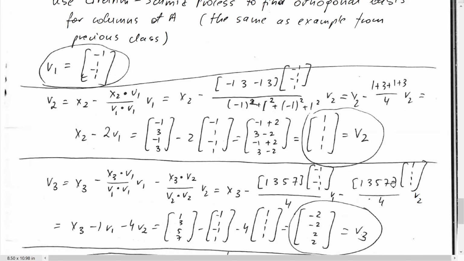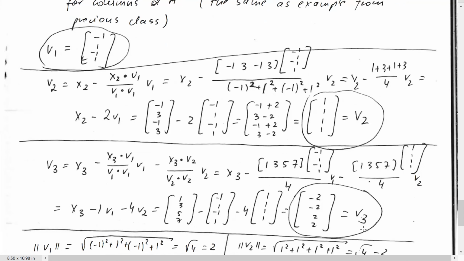Then the second one is -4 times the vectors. So then you have -1 times the vectors V1, V2, and then X1, X3, and you subtract and then we have those vectors. So now we have found all three, vectors V1, V2, and V3.